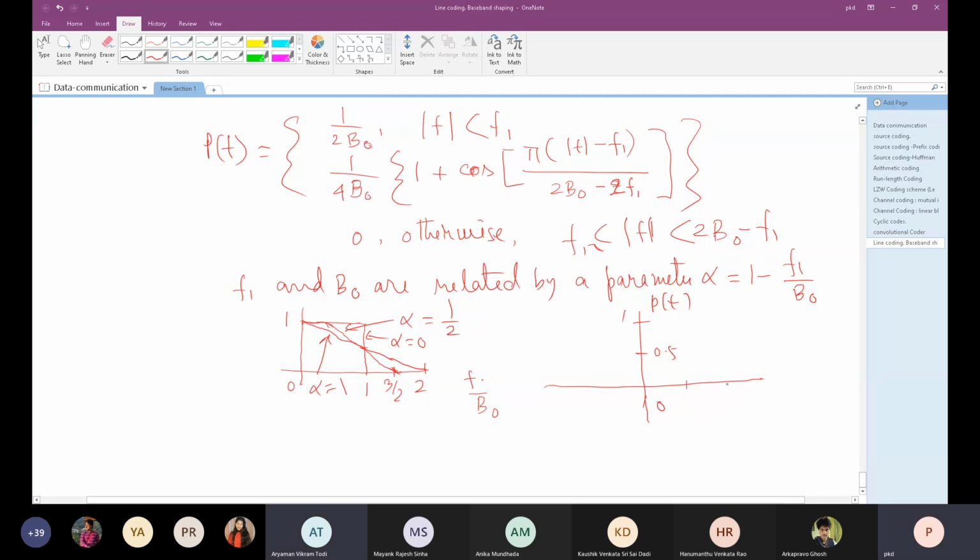Again, we have plain alpha equal to half, so it is like this.